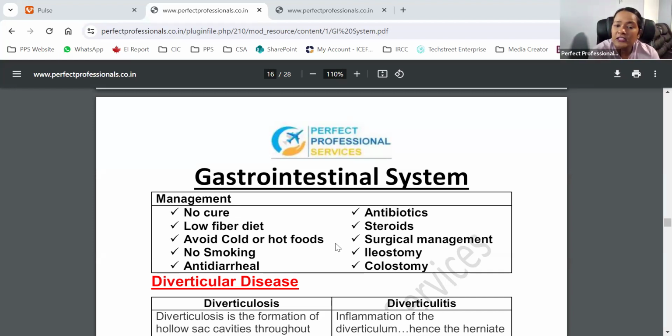Surgical management depends on the area where the ulcer or colitis or Crohn's disease is. There is ileostomy and there is colostomy. We'll see the ileostomy and colostomy details in the upcoming slides. So surgical management is the only definitive treatment for this kind of disease.